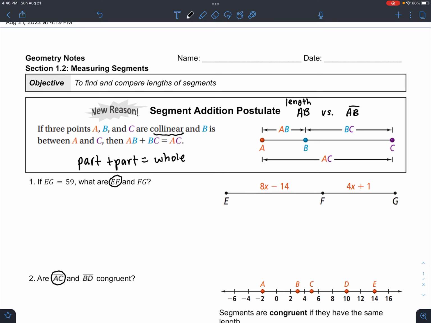It's actually like equal to a number, whereas line segment AB is an object. Okay? It's like a geometric thing, right? It's a line segment. So when we refer to the length, we use just AB. But when we refer to it as an object, as geometric thing, we use the line segment symbol. So try and pay attention as we go through that and see if you can get it down. Okay.